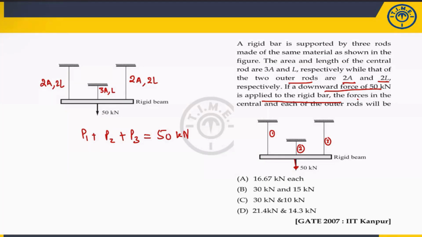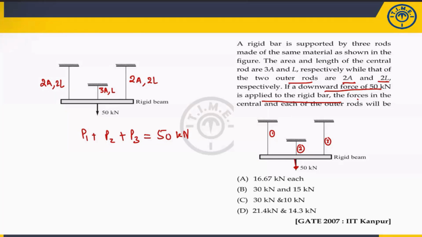Yes or no? Yes, sir. What about Jagan and Janesh? Okay. Sir, if I'm asking a question and you are not able to unmute yourself, just mention it in the chat box. So the load values P1 plus P2 plus P3 will be equal to 50 kilonewton.